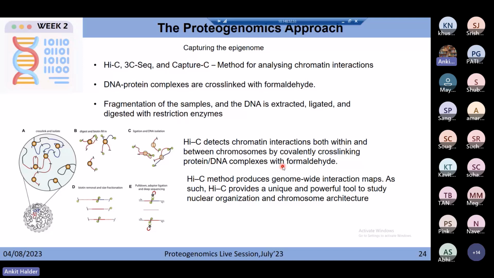Whenever you see this terminology, immunoprecipitation means precipitation using an antibody to pull down a particular protein. But here they are doing it by biotin interactions. They are trying to pull down the cross-links.